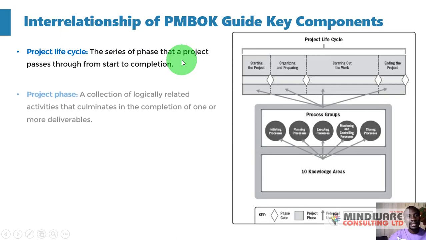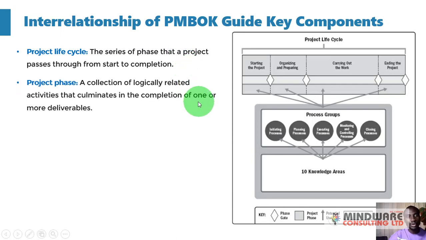After that you also have the project phase. Like you've been hearing me talk about phases, they are a collection of logically related activities that culminate in the completion of one or more deliverables. Within this project life cycle, as you can see in this diagram, you have these phases here.